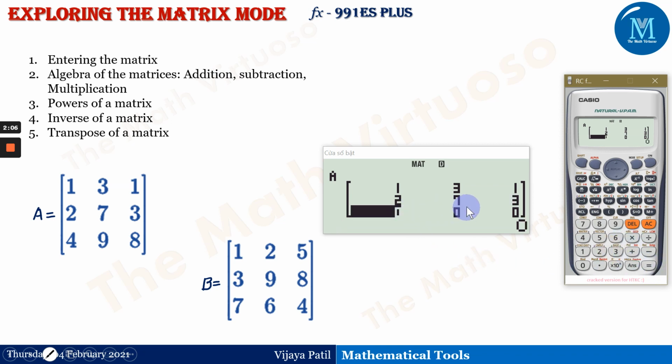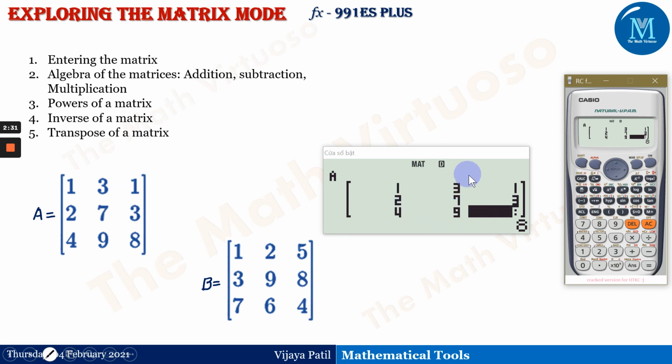Then it is 4 9 and 8, so 4 equals, 9 equals, 8 equals. So we have got this as matrix A, wherein we have stored the matrix 1 3 1, 2 7 3, 4 9 and 8.